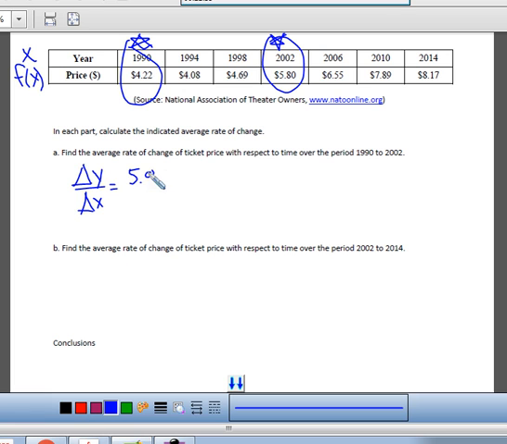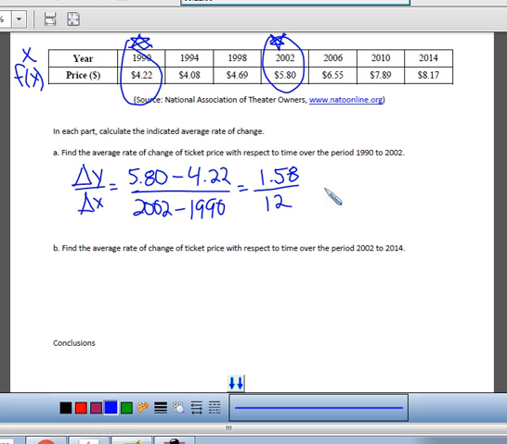So I go with the second value, 580 minus 422 over 2002 minus 1990. And when you do that, you get 1.58, or 1 and 58 over 12. When you divide it, you get about 13 cents per year. And it's a positive number, so that means we're increasing.